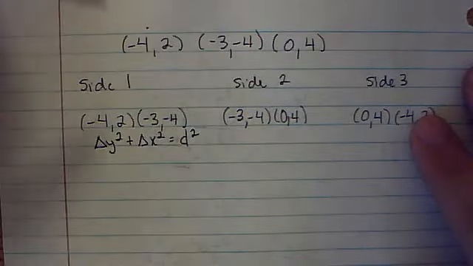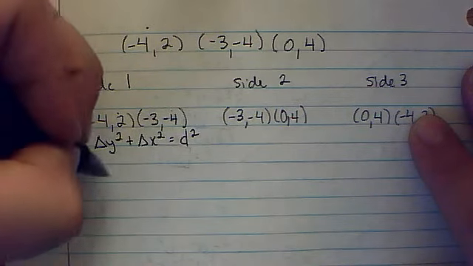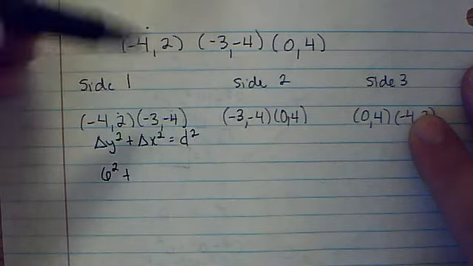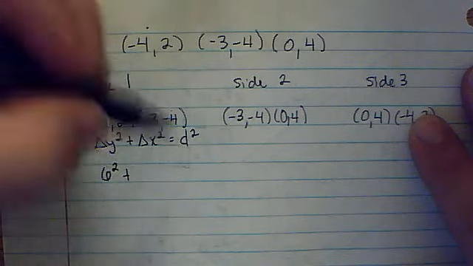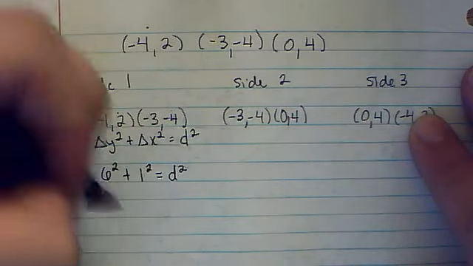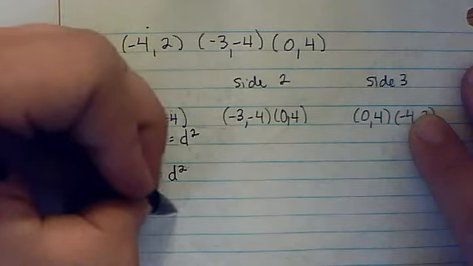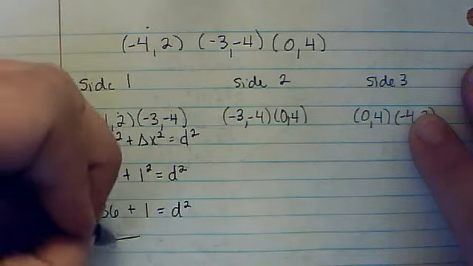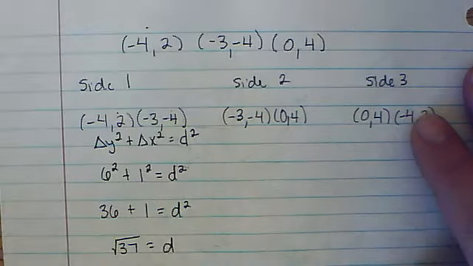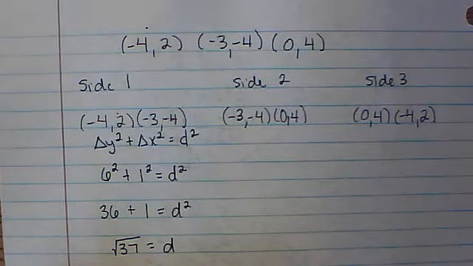My change in y is from -4 to 2. That value is 6. The change in my x value is from -3 to -4, which is 1. So that means that 36 plus 1 will give me my distance squared. So I'm looking for the square root of 37. Now I'm going to leave that as a radical because I'll show you in a second why I'm going to do that.